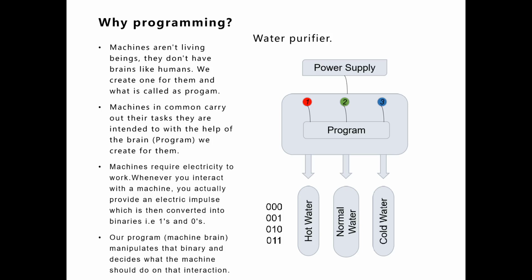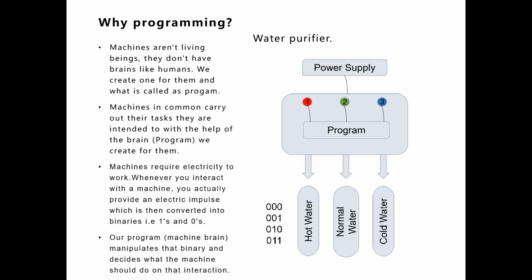I hope you have seen at the back of the machine where it is written 220 volt or something; it requires that amount of electricity. That power is supplied to this machine, and it receives the entire voltage.